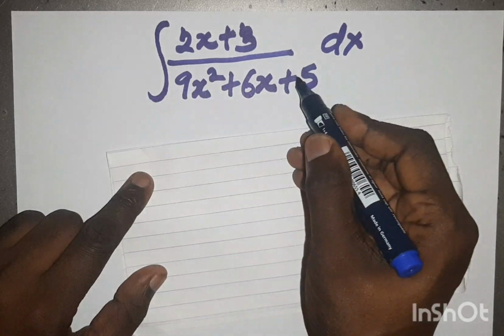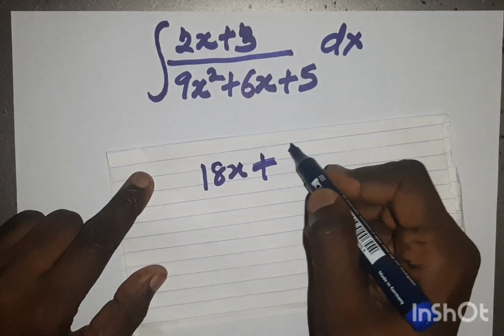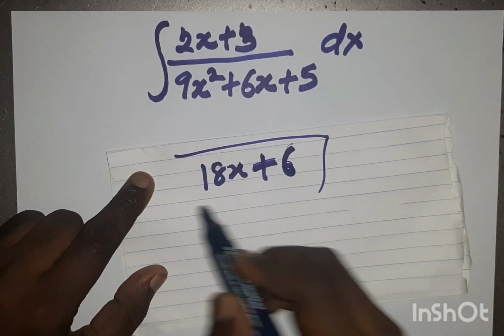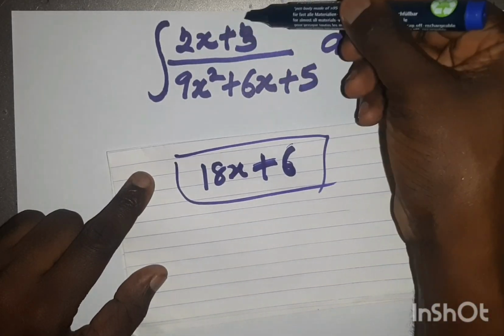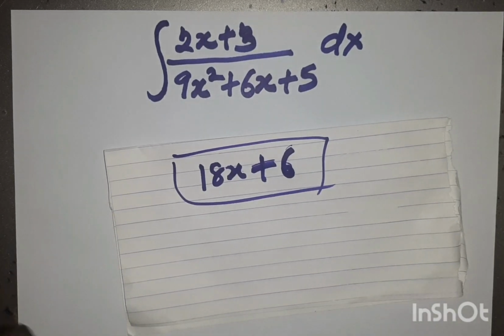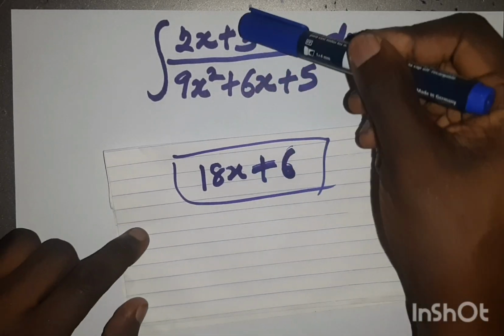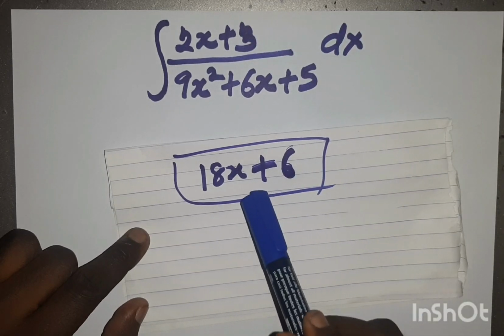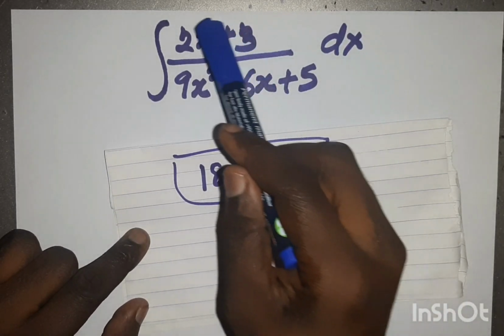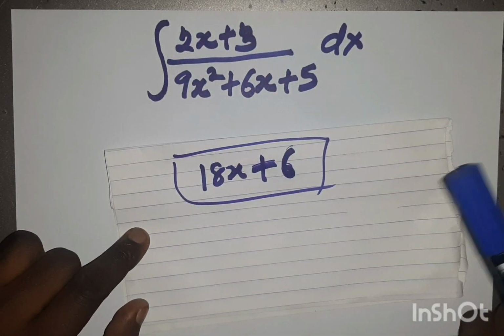So the derivative of the denominator will be 18x plus 6. This is not the case, because the numerator is 2x plus 3 and the derivative of the denominator is 18x plus 6. So that cannot easily happen, except we manipulate the numerator in such a way that it will be a constant multiple of the derivative we just found. If we can write it in this form, I think it will help with our substitution.